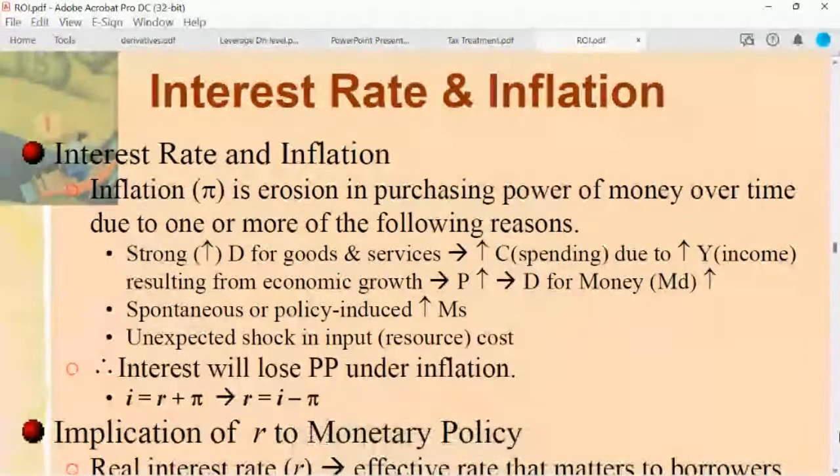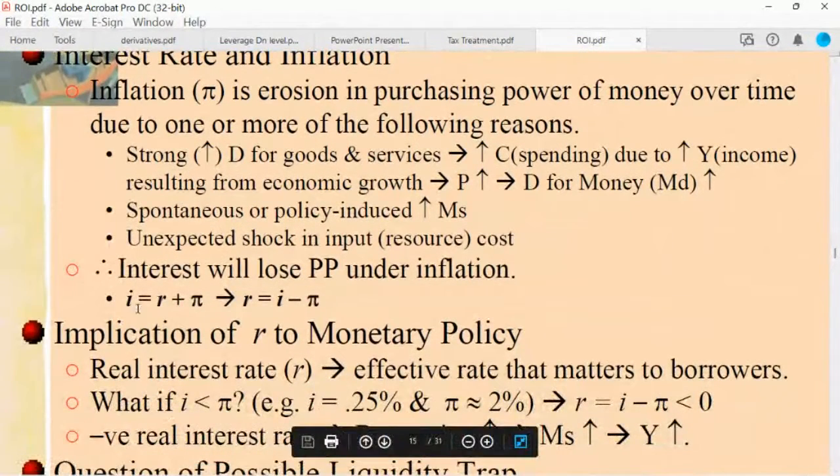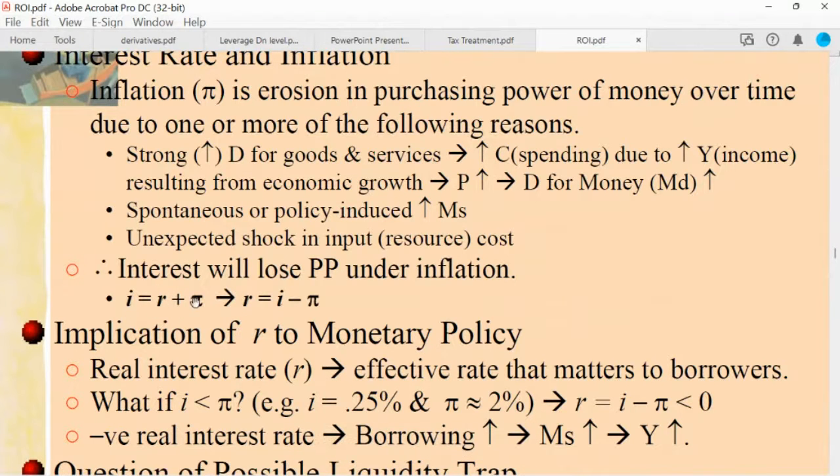So then next, we already understand that the nominal interest rate consists of the real interest rate plus an inflation adjustment, right? But this is a very basic picture, because think about it.